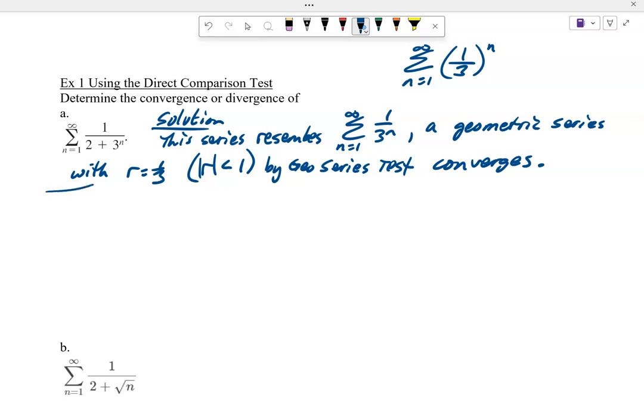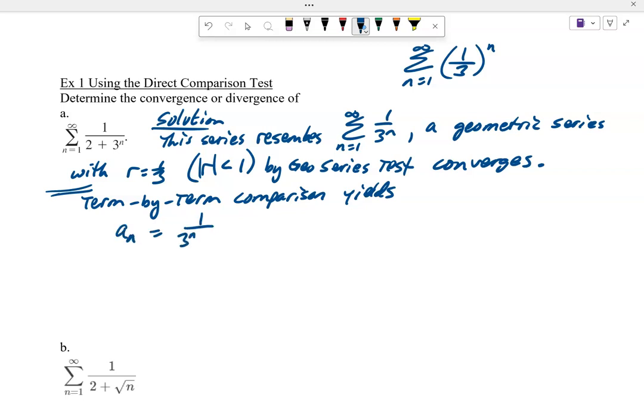So term-by-term comparison yields, we have a sub n, which is 1 over 3 to the n plus 2. All of its terms will be less than 1 over 3 to the n, which is my b sub n, for all n greater than or equal to 1.